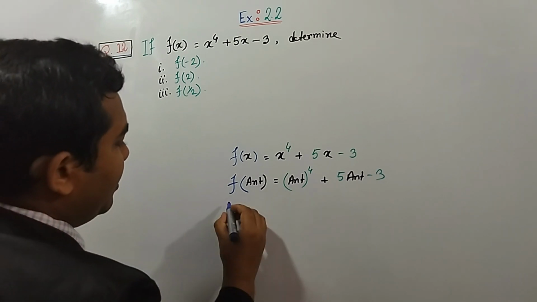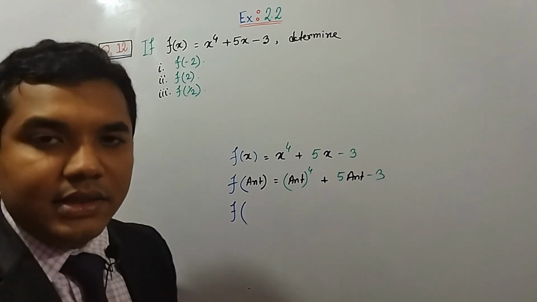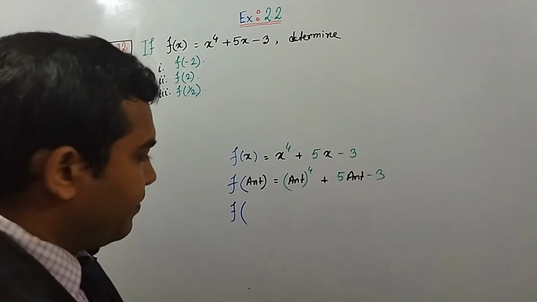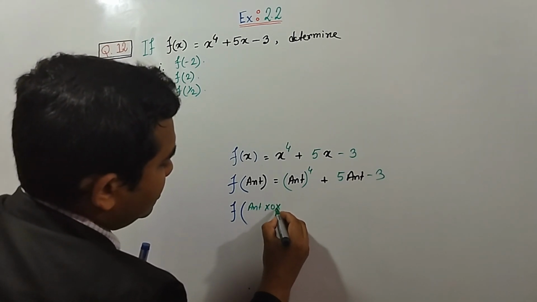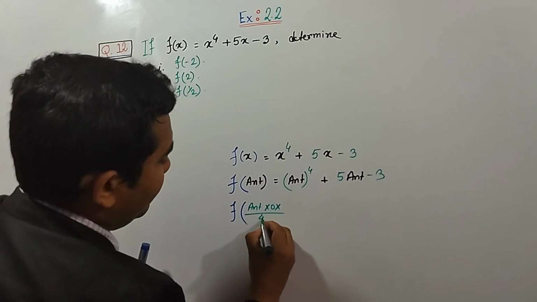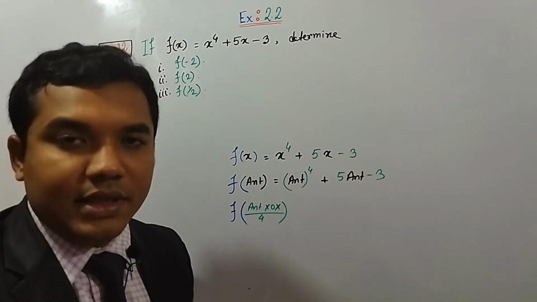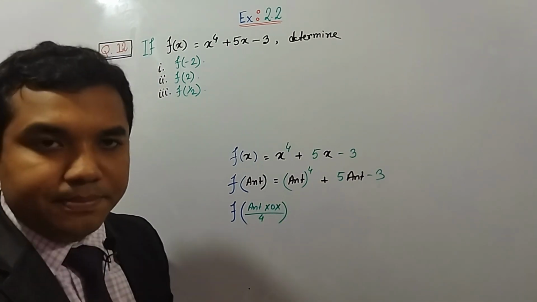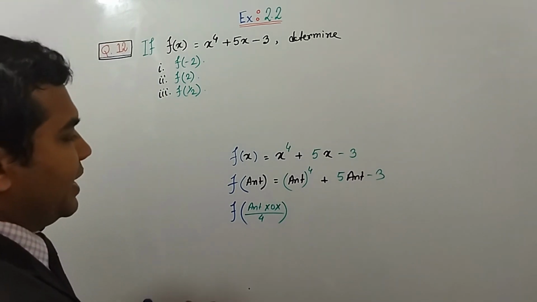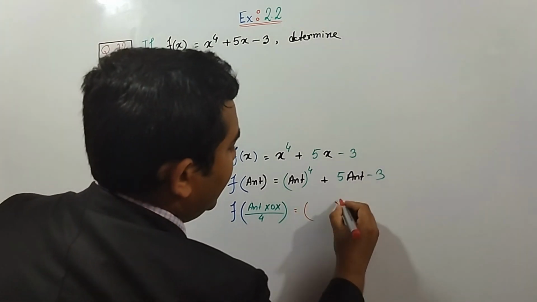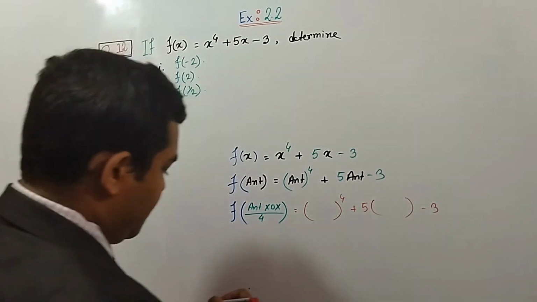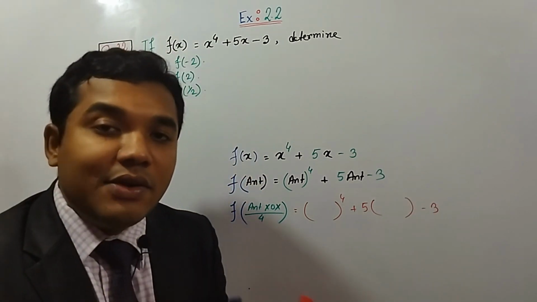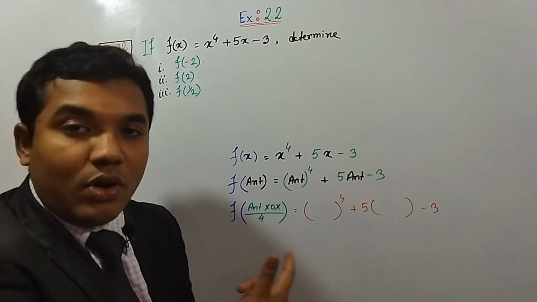If we are trying to write here the function of ant into ox divided by 4, what will be the system of it? The system is very clear. That is something divided by 4 plus 5 into something minus 3, where something means ant into ox by 4.